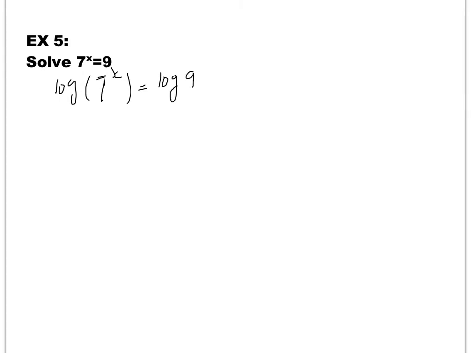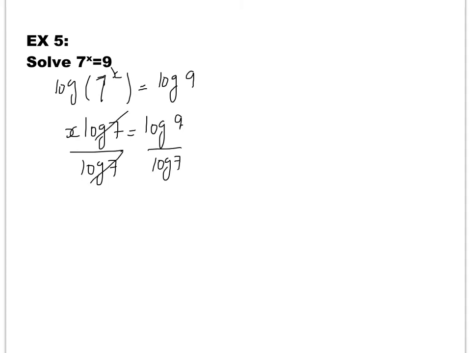Now log 7 exponent x is going to be x log 7 is equal to log 9. Now I'm going to divide both sides by log 7, and I'm going to get x is log 9 over log 7, which is approximately equal to 1.129.